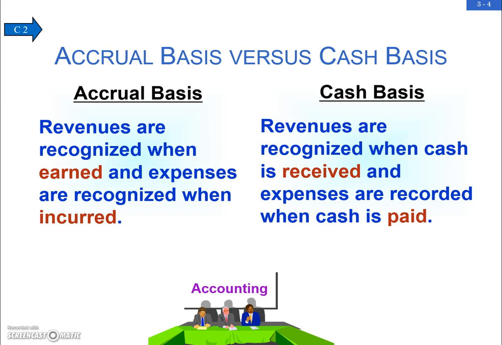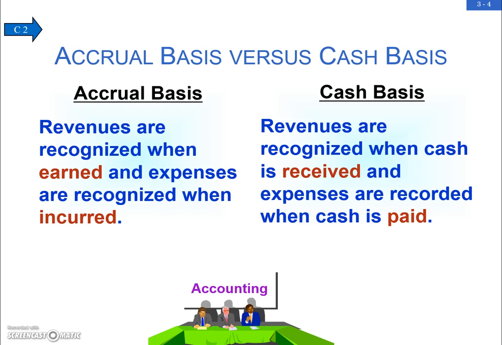Not just spend cash, because it depends what we're getting in exchange for that cash, or when we spend a resource, it depends what we're getting in exchange. But when we use up the value of any asset, that's when expenses are incurred and need to be recognized. Under the cash basis of accounting, revenues are recognized when cash is received and expenses are recorded when cash is paid.